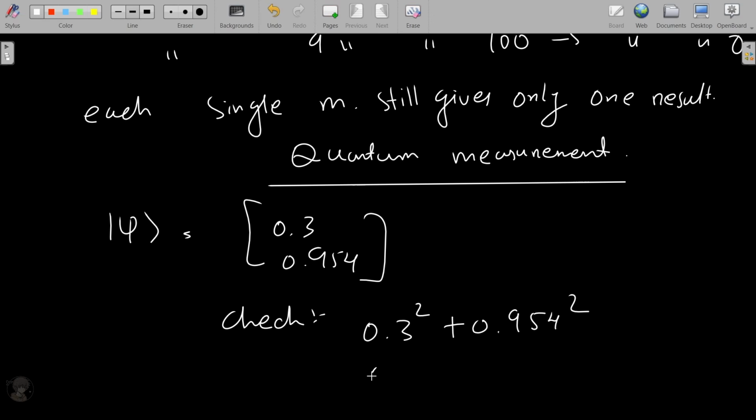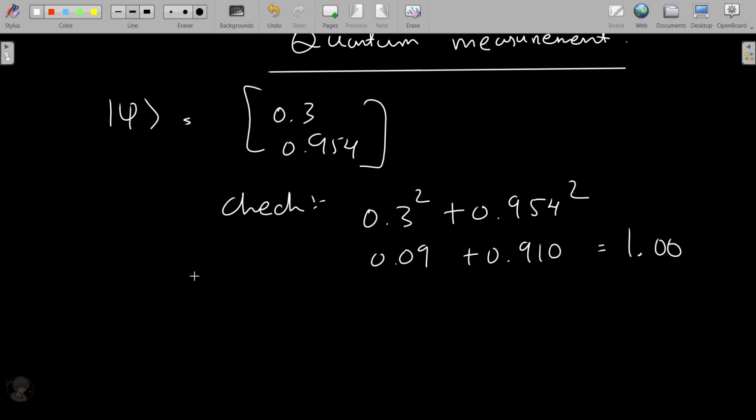If we square it and then add it, it will be 1. So it's actually perfectly normalized because it adds to 1.